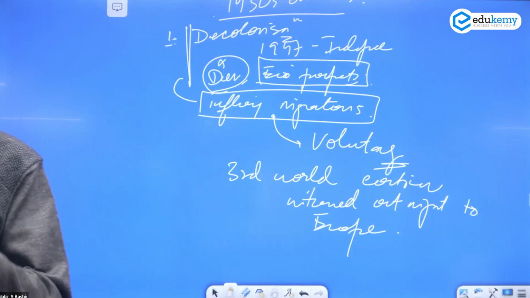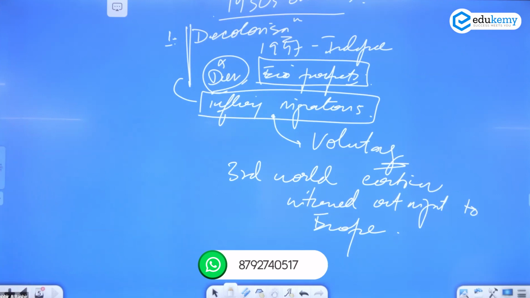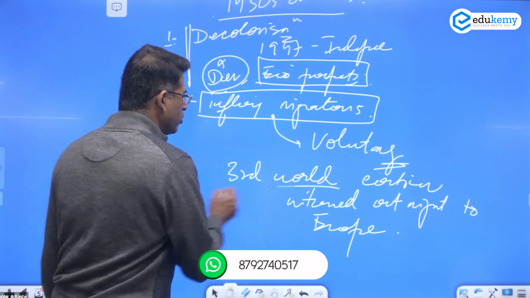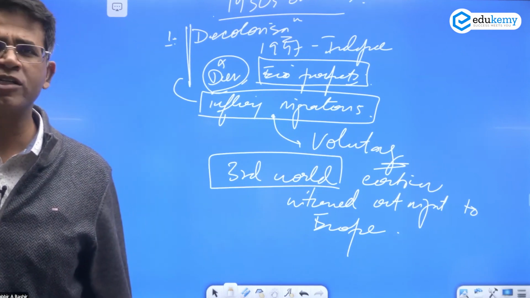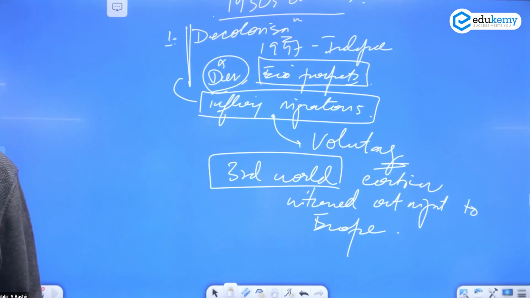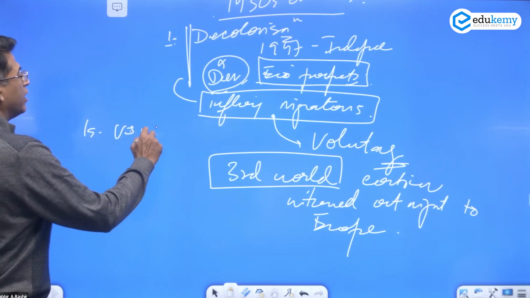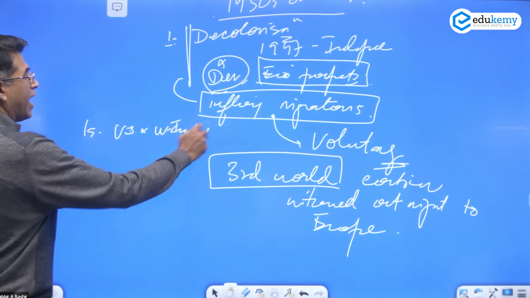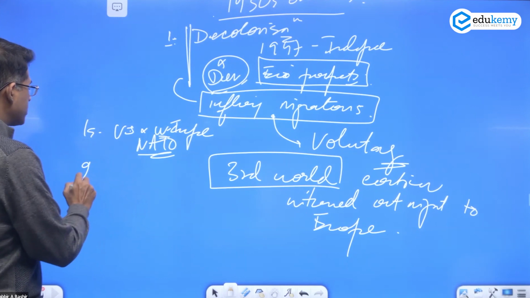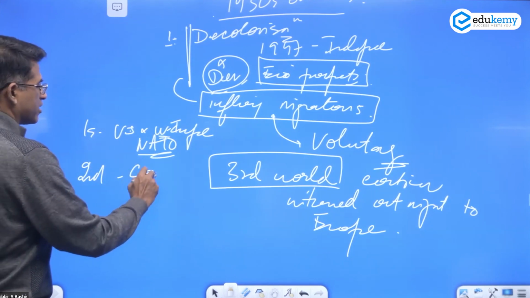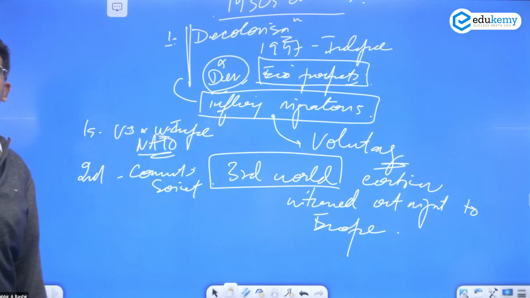So Indians in a big way went towards Britain, towards the US. So third world. Anybody knows where the term third world comes from? What is first world? What is second world? So first world is the US and Western Europe. Largely the NATO bloc, this becomes the first world. Second world is the communist, Russia, Soviet, their allies.